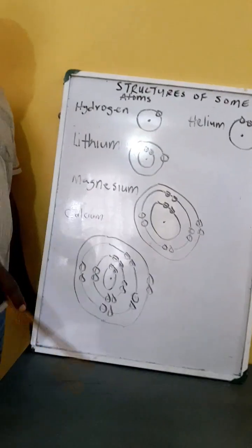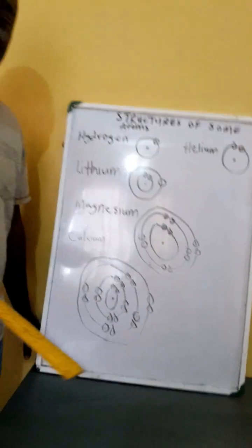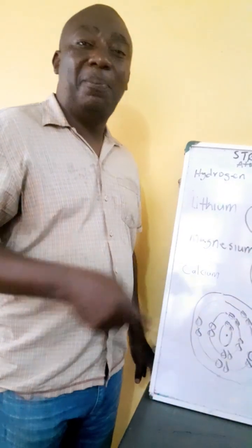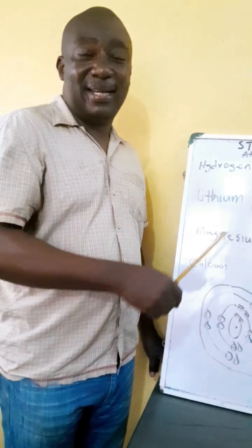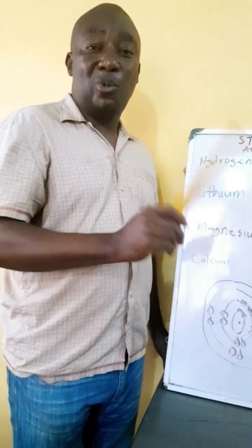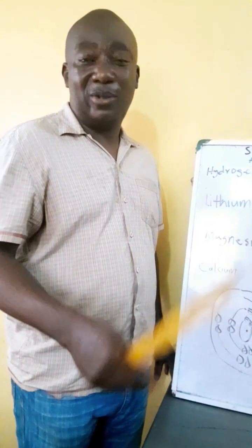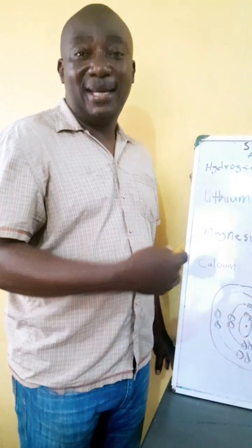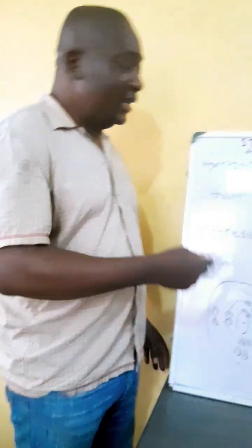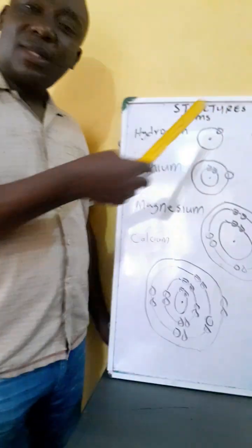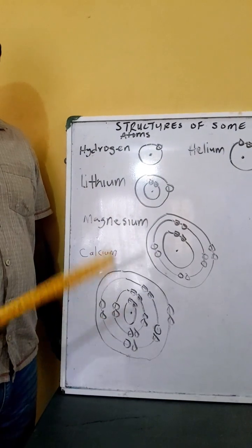Some will tell you that atomic number is the total number of protons or the total number of electrons present in an atom. Remember what I told us in our last class. If you have 10 electrons, you'll also have 10 protons, and both of them will cancel each other out. And that is why an atom is a neutral entity. So atomic number can as well be defined as the total number of electrons or protons which an atom contains.